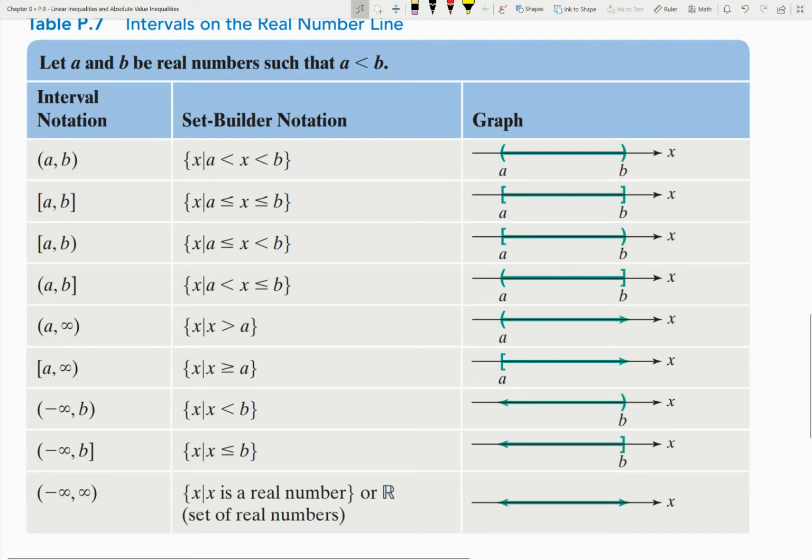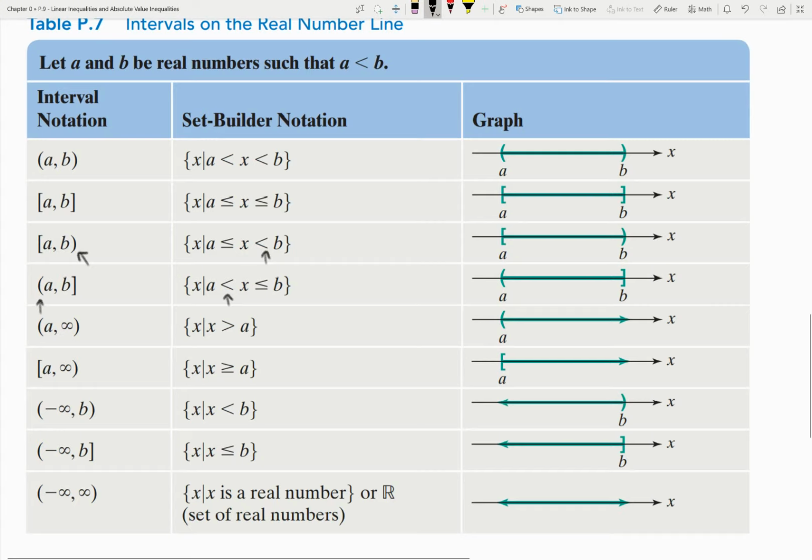And then we can just change the side that the parenthesis is on. Notice that I have a parenthesis in the second term in my interval notation, and the first term in my set builder notation. So the parenthesis indicates that it's not equal to.